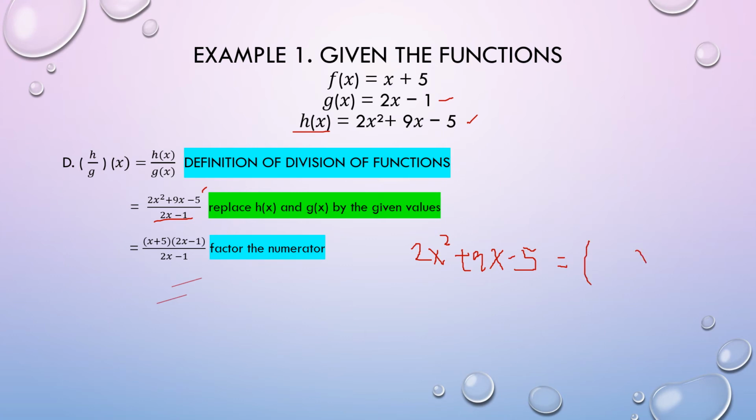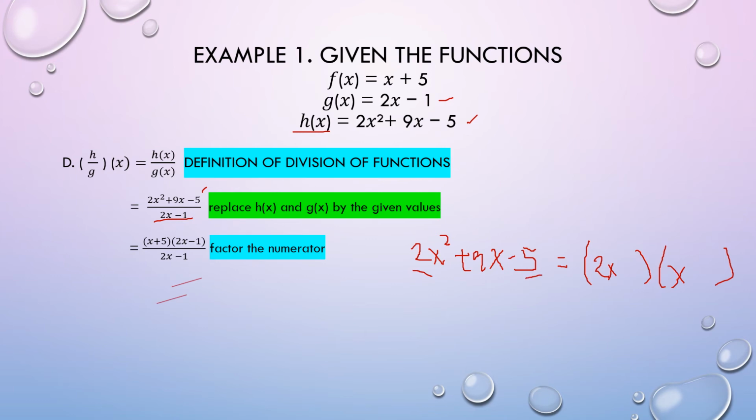So first, we will make two open and close parentheses, and then we factor 2x squared. We will place that on the first term here. So factors of 2x squared are 2x and x. To check that, 2x times x, we have 2x squared.